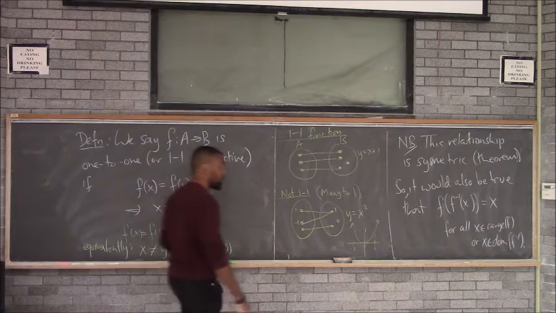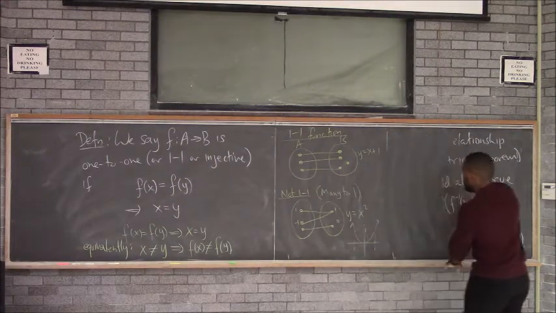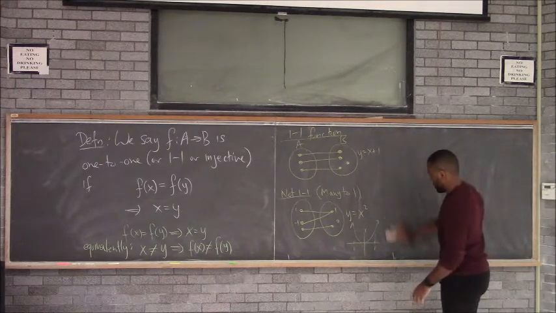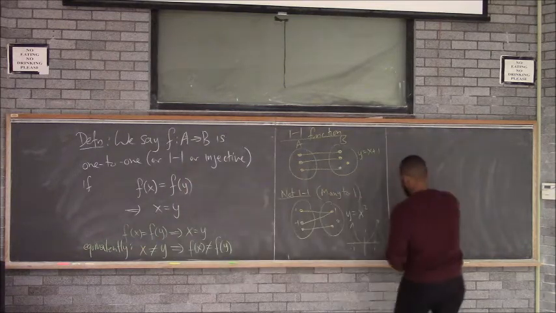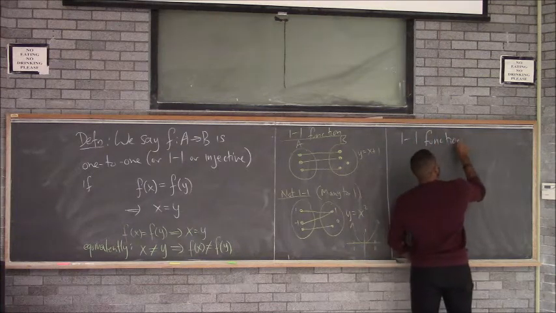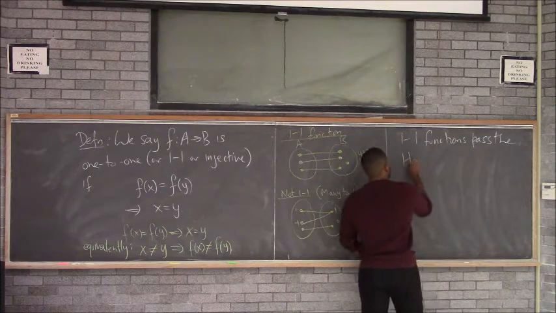One way you can tell from the graph that something is one-to-one is if it passes the horizontal line test. One-to-one functions pass the horizontal line test.